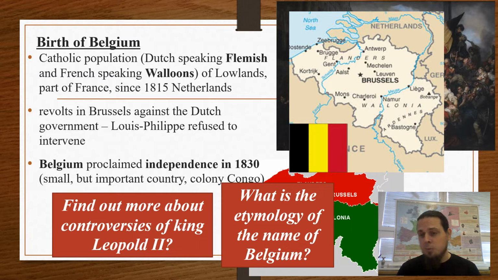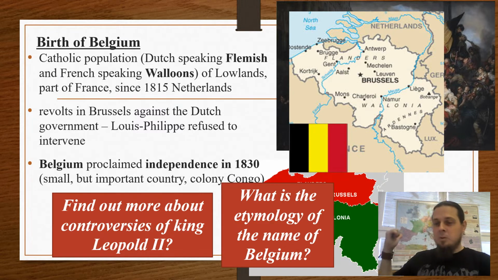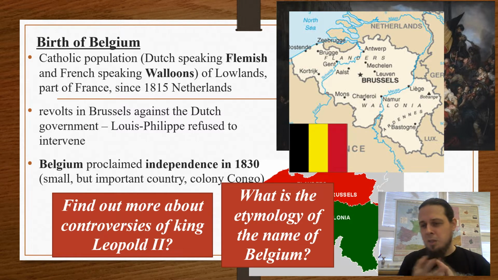Also, the controversies of the next king, the second king of Belgium, Leopold II. The first one was from Saxe-Coburg-Gotha. For Slovak watchers and my students, nearby out of my window, you can see the village where he was born. And just like many other rulers, the Emperor of Mexico, of Brazil, the king of Greece, the Tsar of the Bulgarian Tsardom in the First World War, all of them were natives from this Saxe-Coburg mansion that is next to Banská Štiavnica.